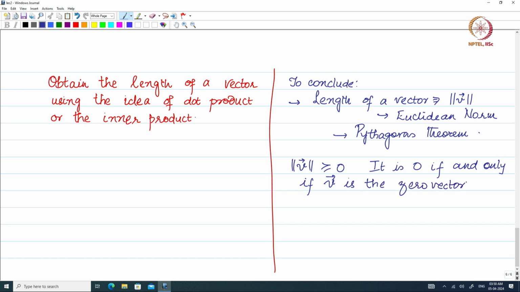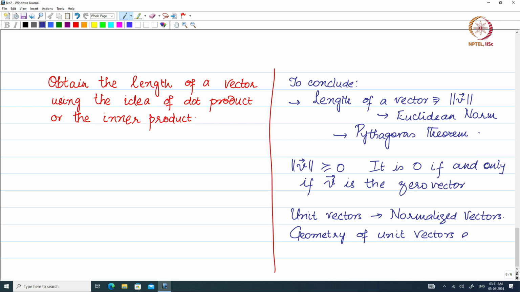We also looked at the idea of unit vectors, which are basically normalized vectors, and we also looked at the geometry of unit vectors emanating from the origin, which is the unit circle.